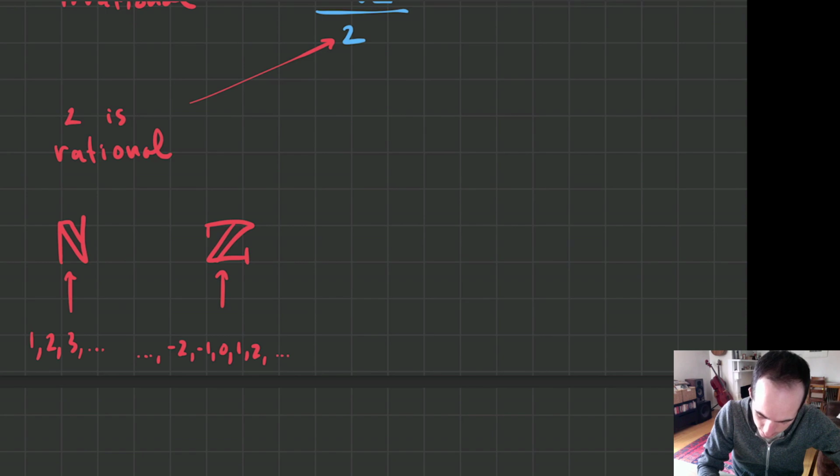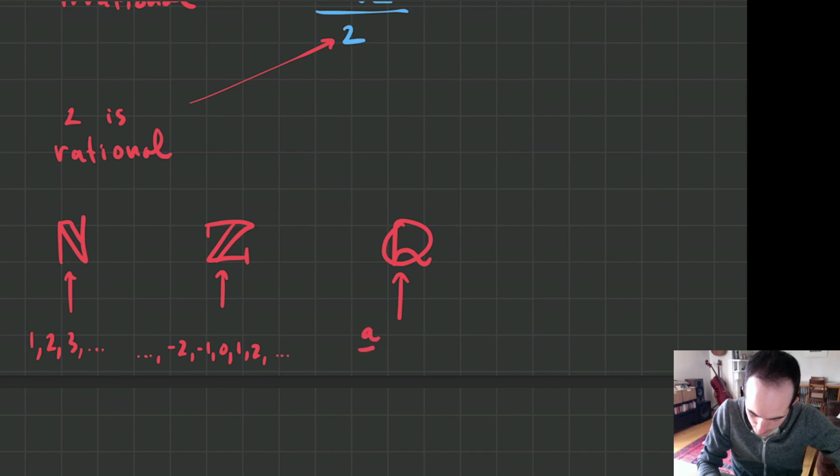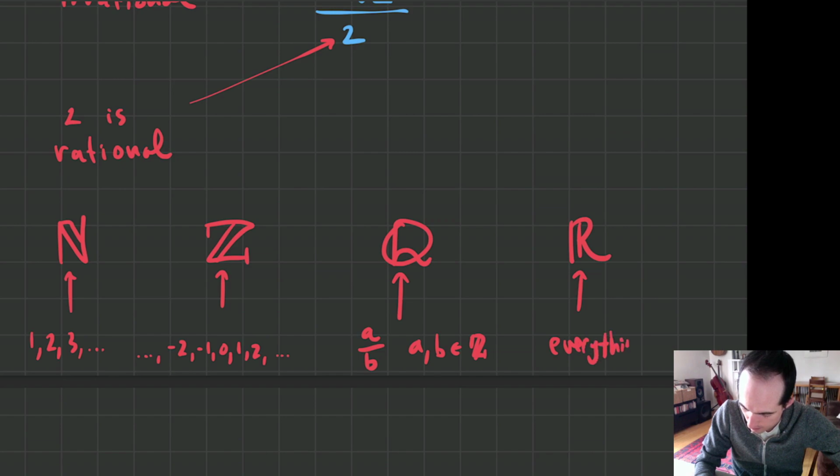After that, we have the rational numbers. These are all the numbers that can be written as a fraction, where A and B are integers. And then after that, we have the real numbers, which is everything else.